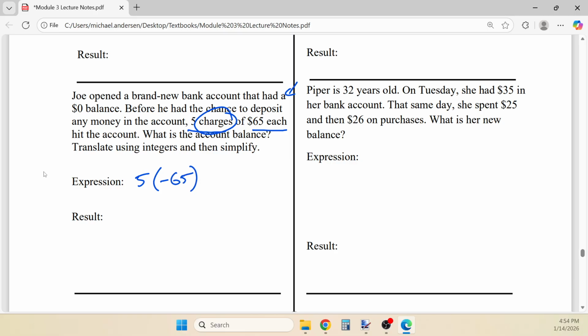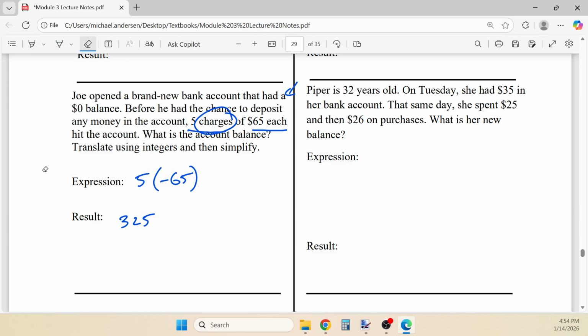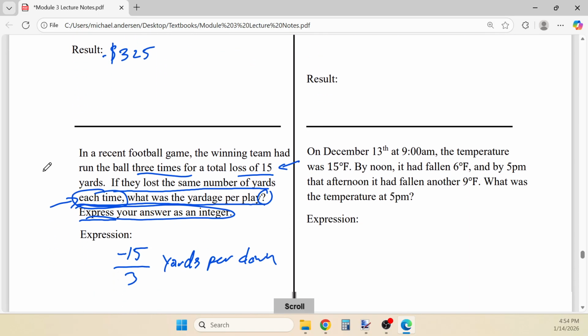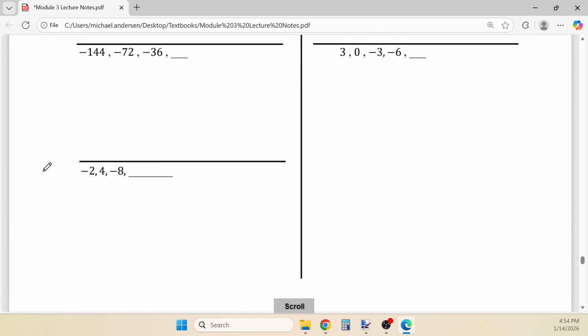This is our balance. When we multiply this out, we get 325. I guess usually we would put the negative sign in front of the dollar sign. So I guess the dollar sign goes there too. Okay. Not bad.